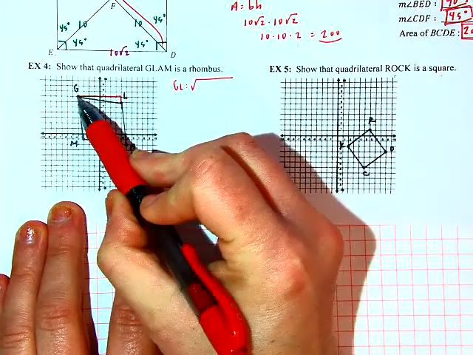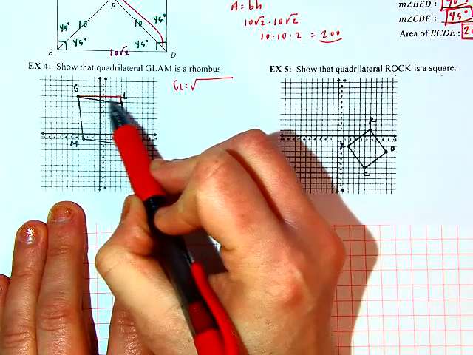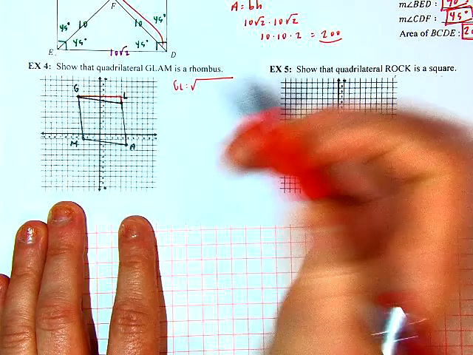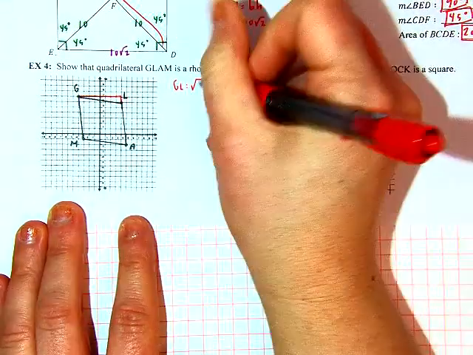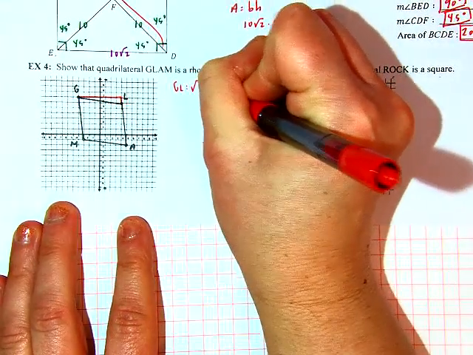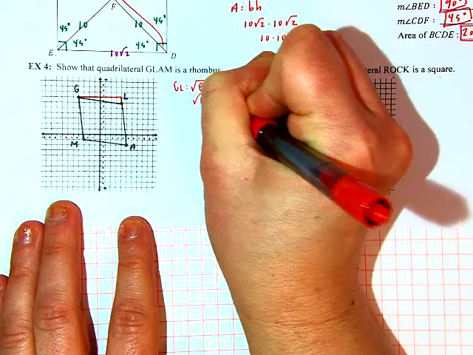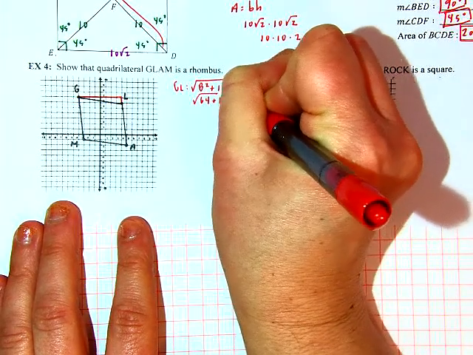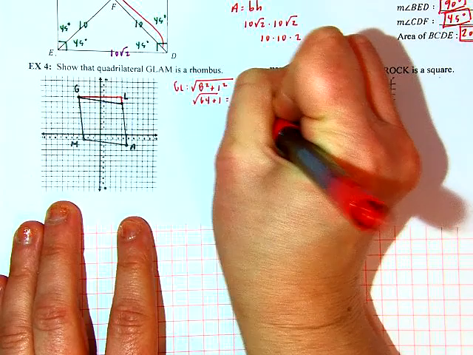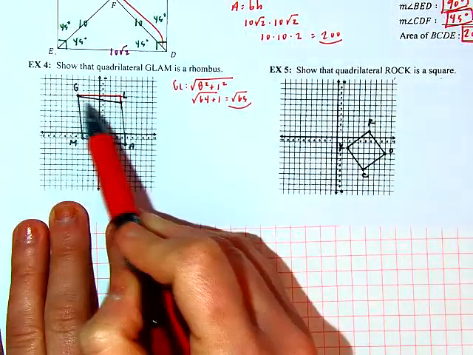I can see that right here, this span is 8 units, and this is 1 unit. So to get to this measure, I need 8 squared plus 1 squared. So 64 plus 1, I get root 65 overall. So I could see this right triangle.